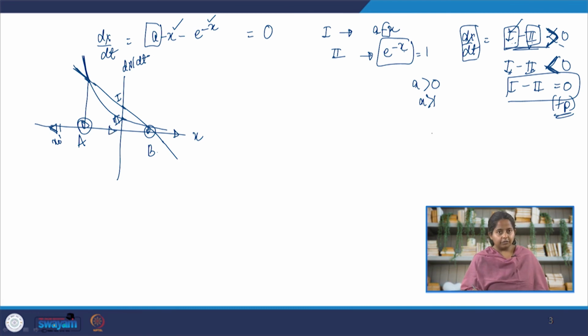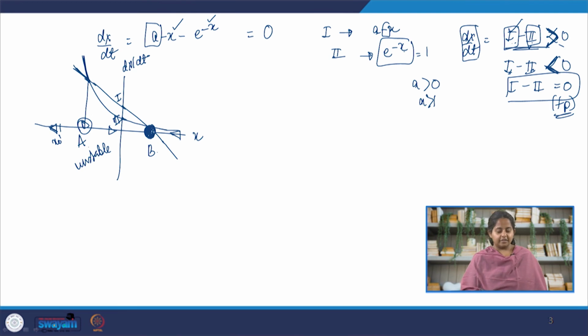On the right side of fixed point B, once again the line is below the curve, which means again dx by dt is going to be negative and the flow is going to be towards the left side. So now by looking at the arrows which are denoting the flow, you can tell A is an unstable fixed point and B is a stable fixed point.